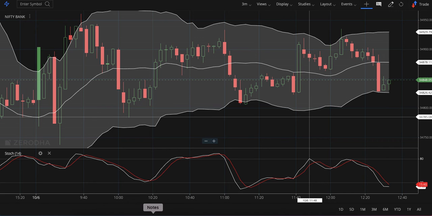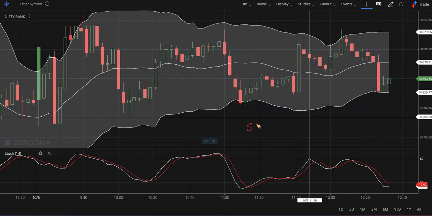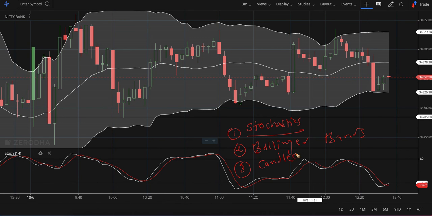Again, the indicators I'm using are the stochastic, Bollinger Bands, and the price action candlestick patterns.